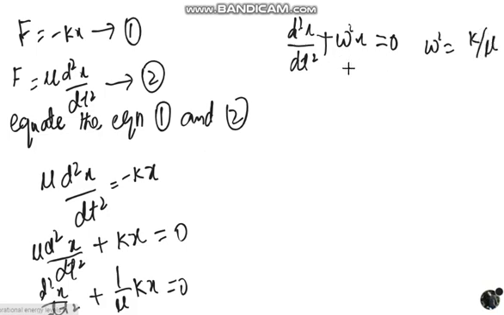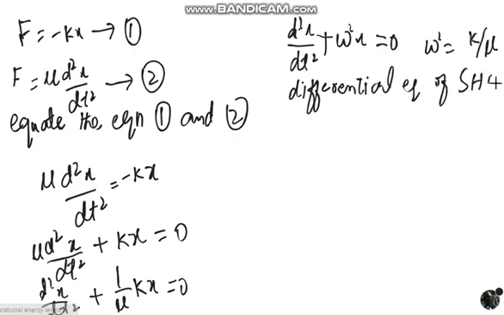Here omega is the angular velocity. This is the second order differential equation for a simple harmonic oscillator.